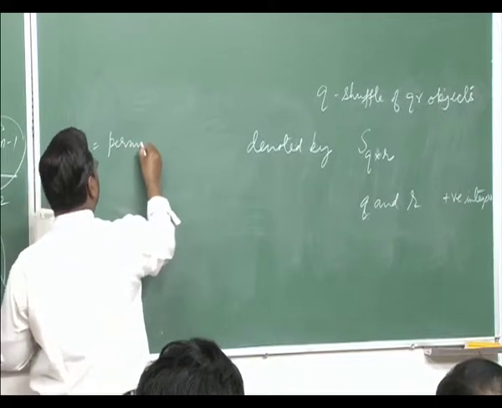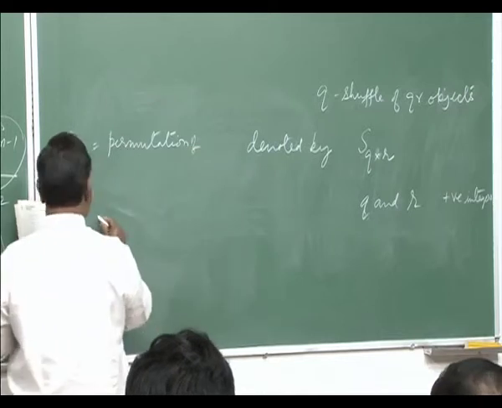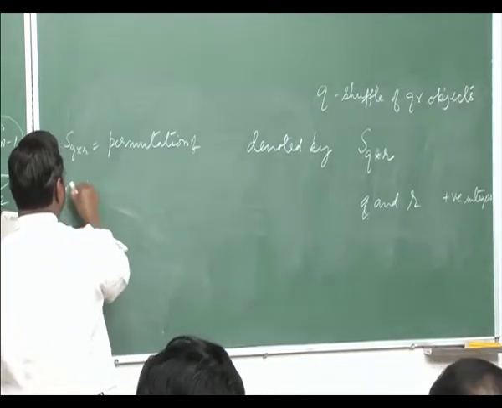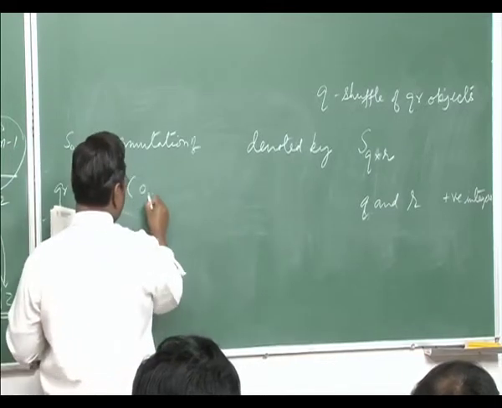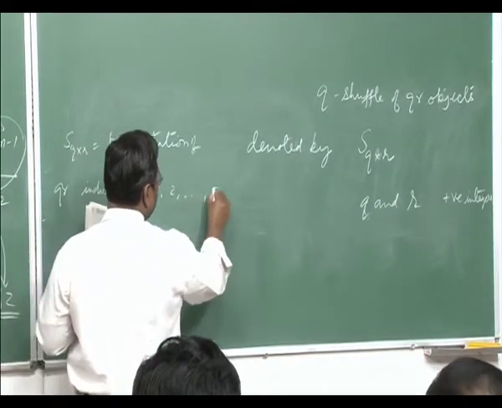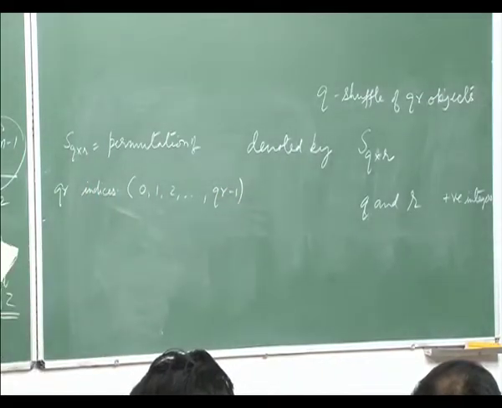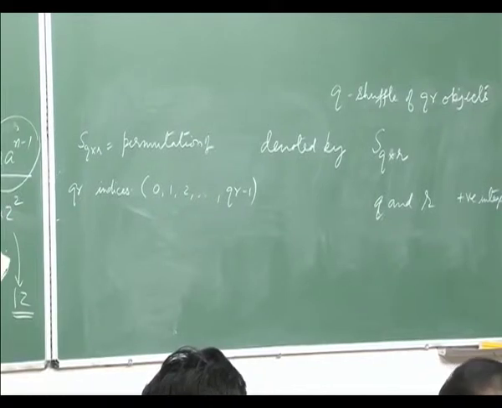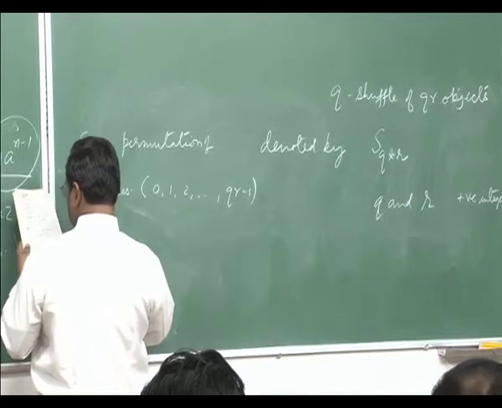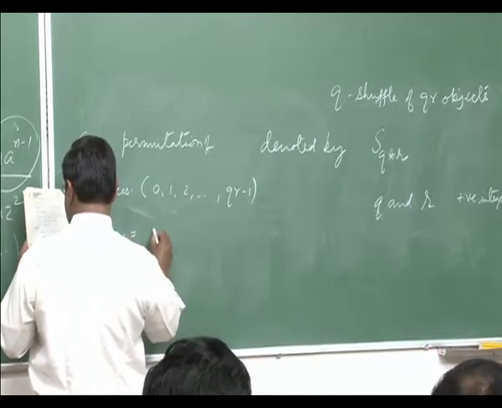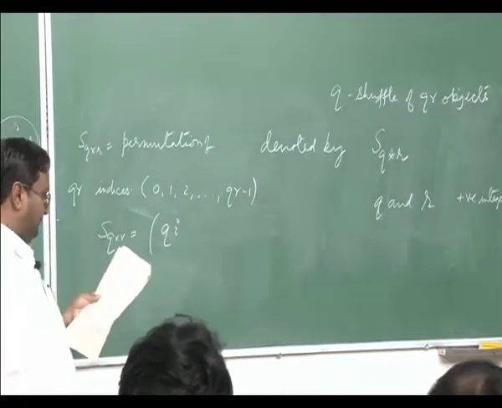This is nothing but generating a permutation of QR indices, which are 0, 1, 2, till QR minus 1. And this will be defined by S of QR, Q into I.